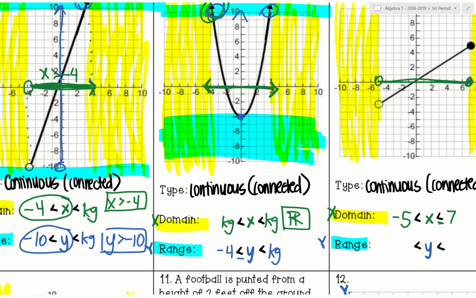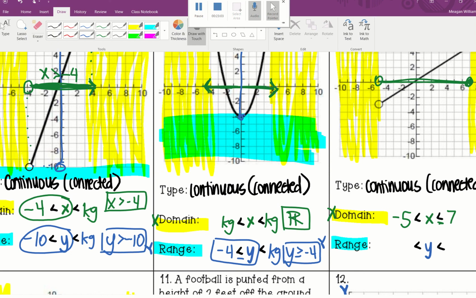But there's only one side with arrows, so I focus on the other. Is this written correctly? No. What should it say? Greater than or equal to, because if I were to connect this bottom dot all the way to the top, it would tell me that -4 is my smallest number, but anything bigger than that will work. Are we okay with that? Okay. Look at your next one.